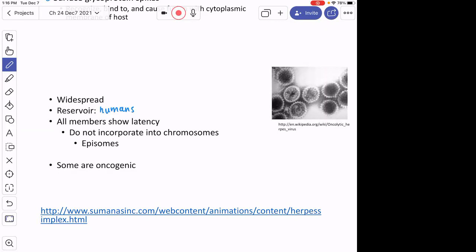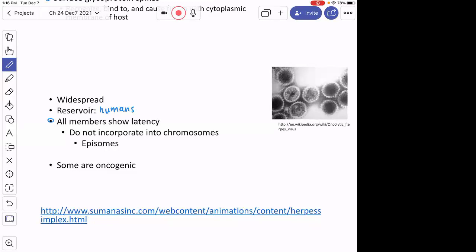Let's see. All members show latency. So that means once you have a herpes infection, and again, occasionally we think that people fight it off and it doesn't go latent, but a lot of the times it does go latent. So it goes latent in a little different form. So remember, bacteriophage that can do lysogeny, that means that they can incorporate into the bacterial chromosome.